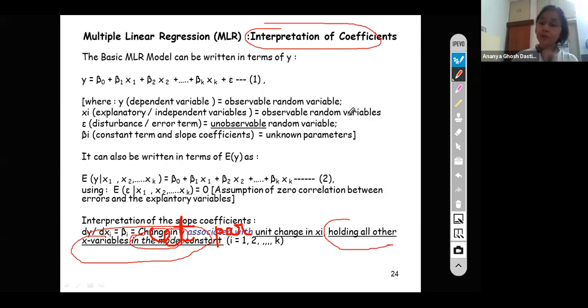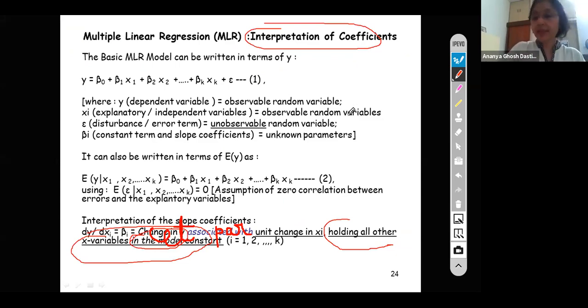So you may be interested in only one thing, but don't let that make you run a two variable regression if in reality Y is a function of many things. You should be controlling for those many things. When we put variables into our model, we say we are controlling for them.